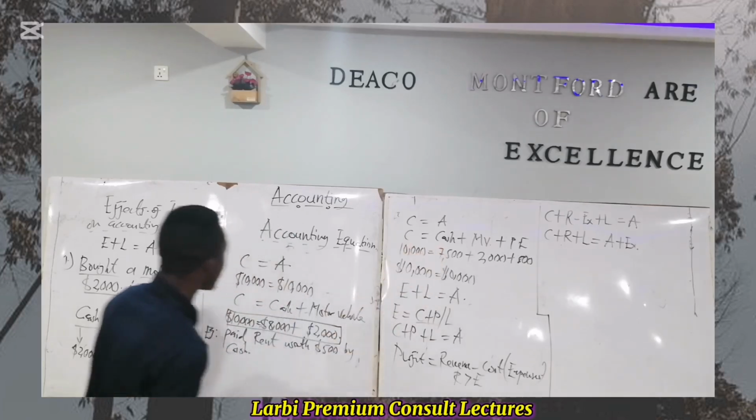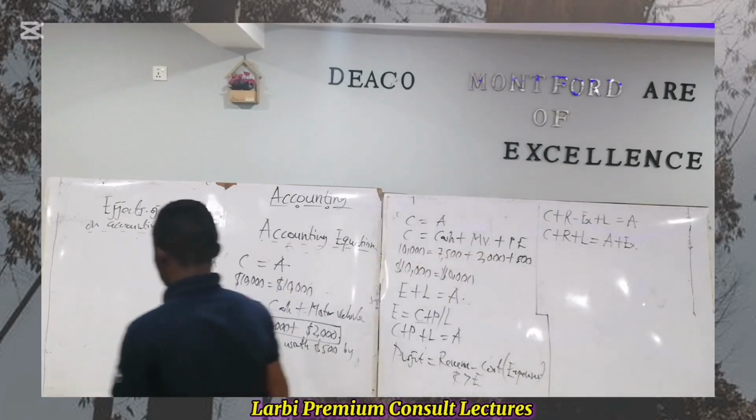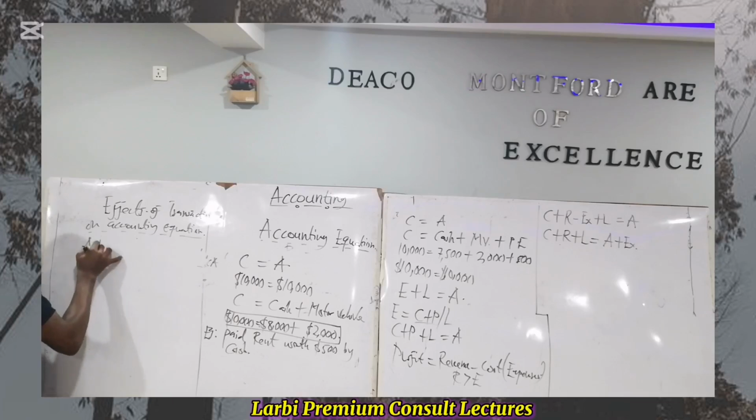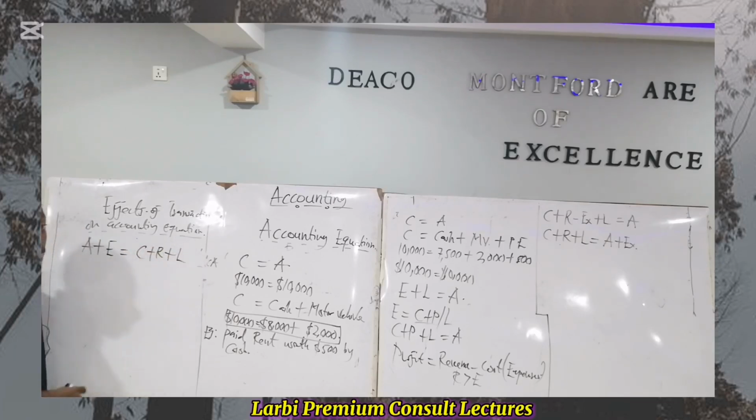Now let's continue with the discussion. This same equation that we have expanded can also be written as asset plus expenses being equal to capital plus revenue plus liability. Now look at the magic here.